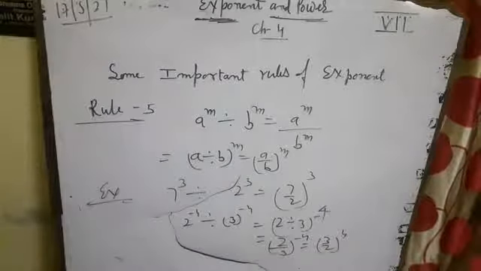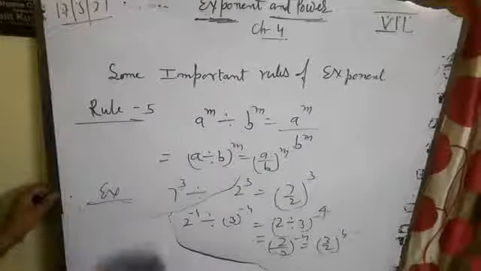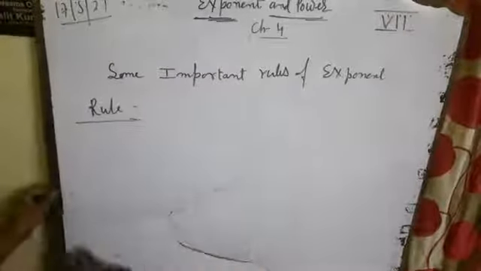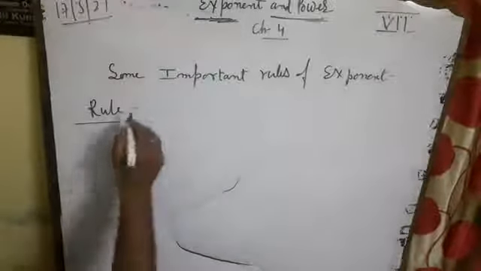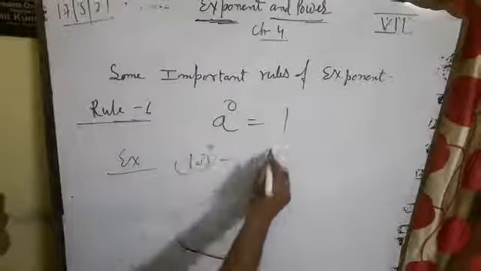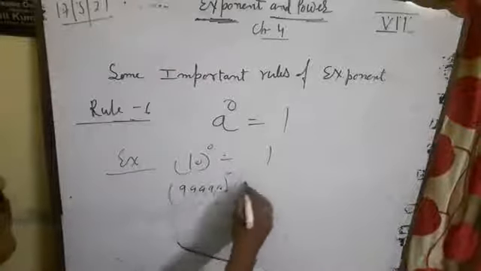So there is a rule number 6. A to the power of 0 is always 1. Example, 10 to the power 0 is 1. 9 to the power 0 is also 1.